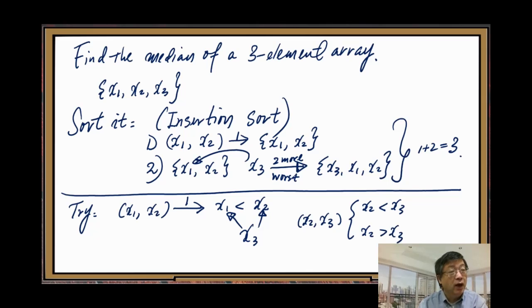Now, with x2 less than x3, you find the median. The median is x2. 2 comparisons, you can find the median.